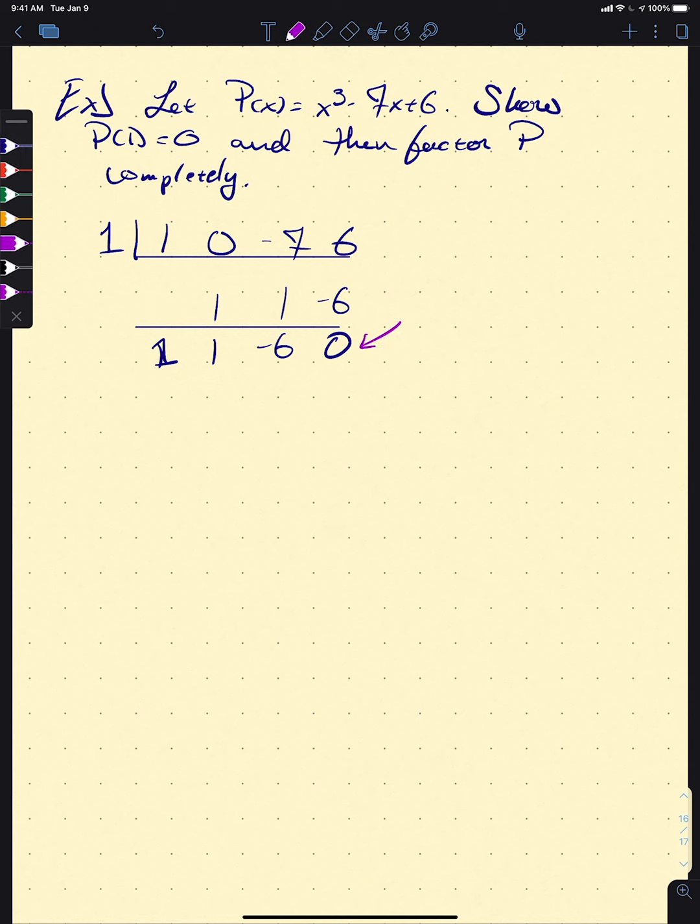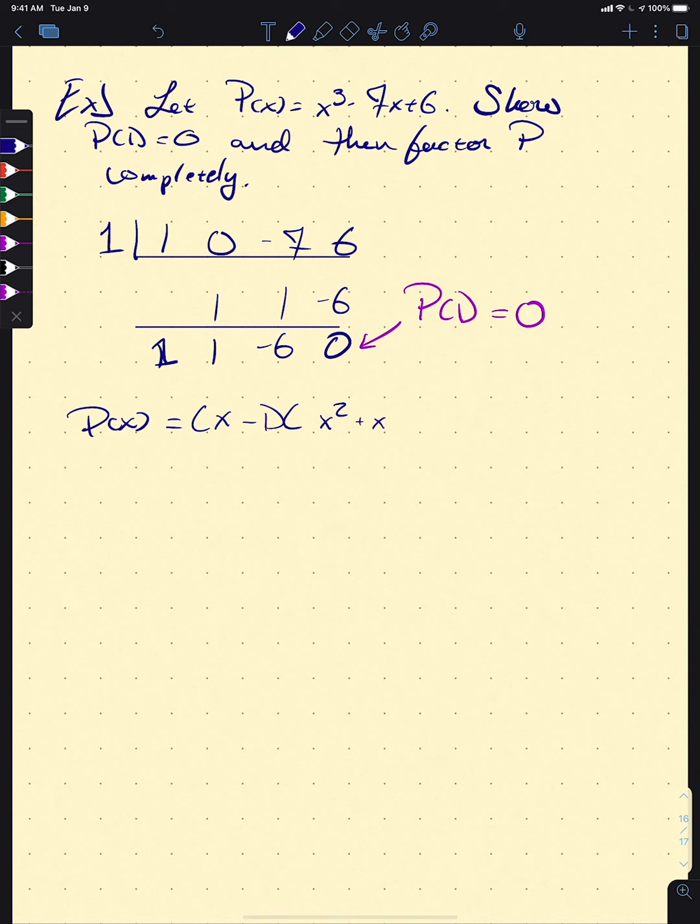So by our remainder theorem, we have that p of 1 equals 0. And because of how synthetic division works, we have that p of x is x minus 1 times x squared plus x minus 6.